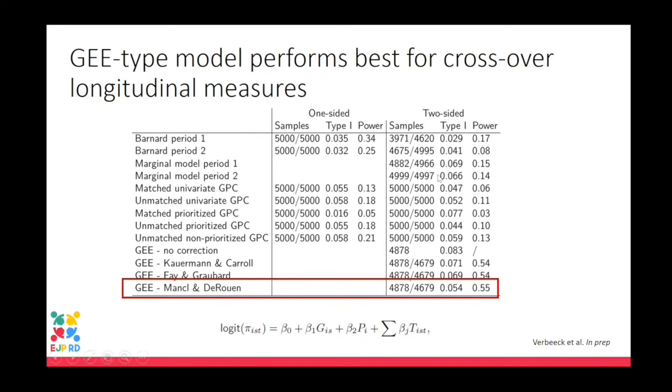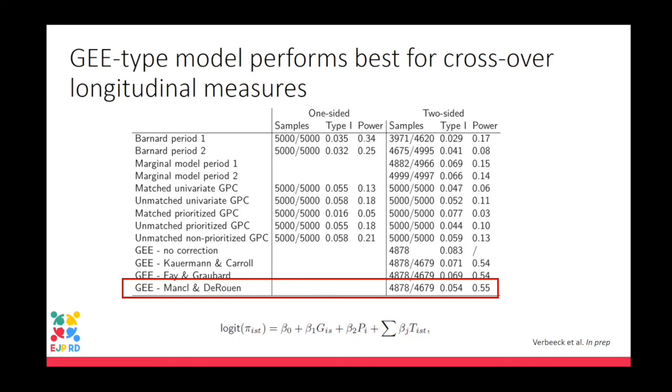Important is, first, that you have to look at the type 1 error control, certainly in small sample sizes, which is controlled in this case. Then, among the tests that control the type 1 error, you compare the power, and of course you want the test with the highest power. Now, the Barnard test, which was used in the primary analysis, doesn't even control the type 1 error well in this small sample.